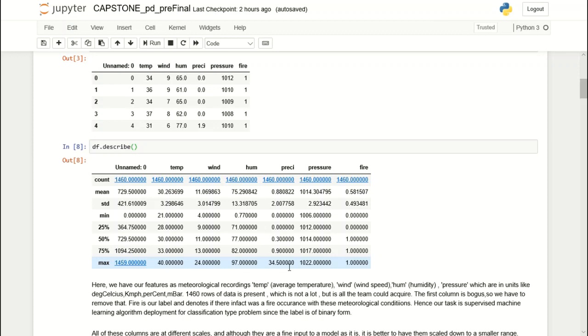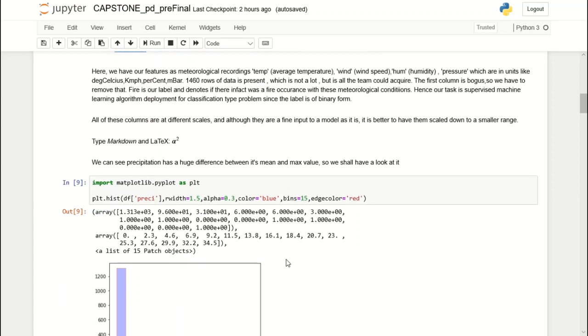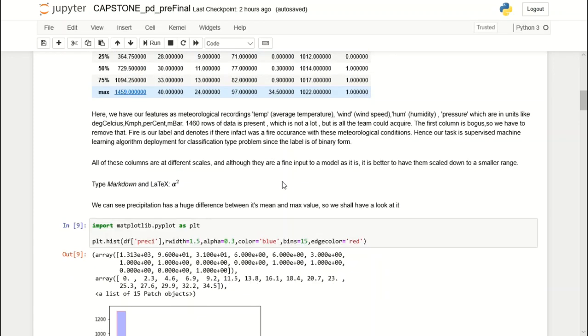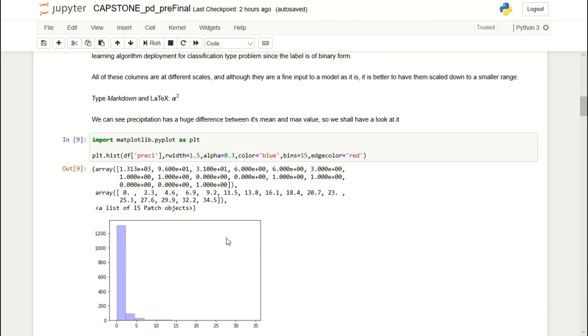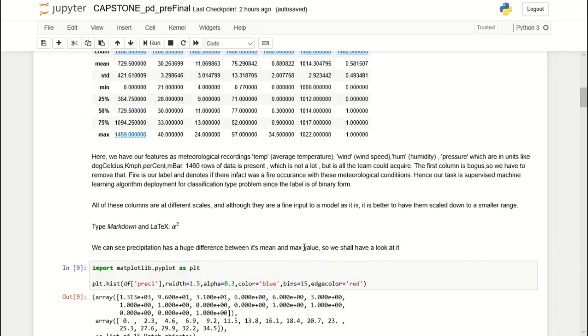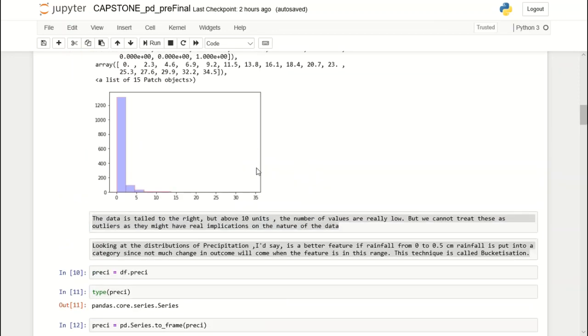We'll first see how things are going on in this column by visualizing it using a matplotlib histogram plot. A lot of values are between 0 to 3, 4, 5 centimeters of rainfall for our precipitation, but there are very few values ahead, and the maximum value of 34.5 is possibly the single value present in that bin.